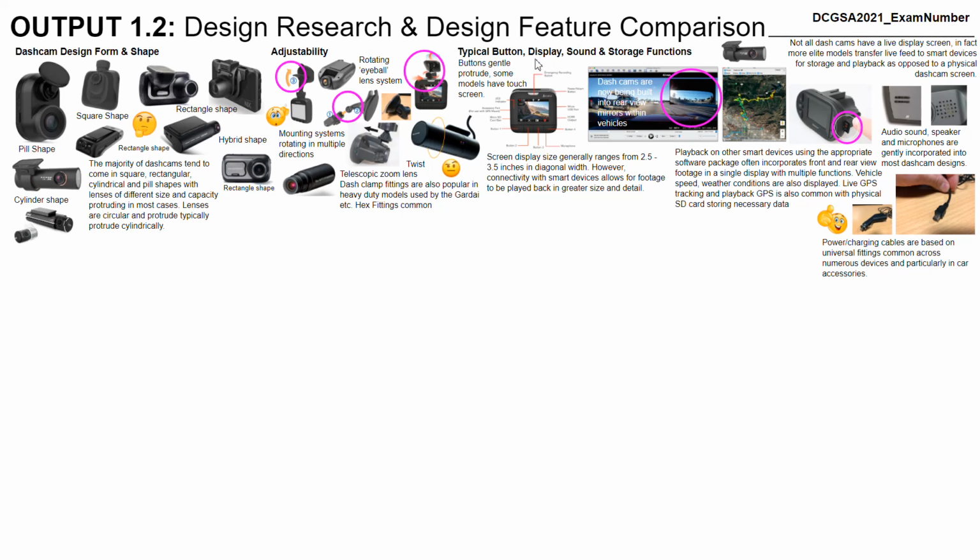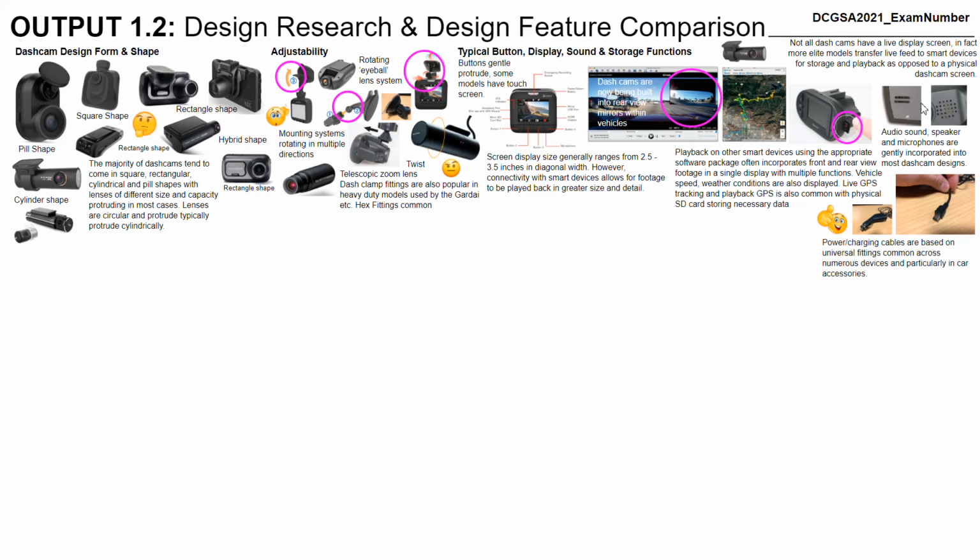Then I look at the typical button display, sound and storage functions, and I'm very keen here to explain that there's front view and rear view and GPS tracking, live tracking, map route calculations, all this sort of stuff is built into it.